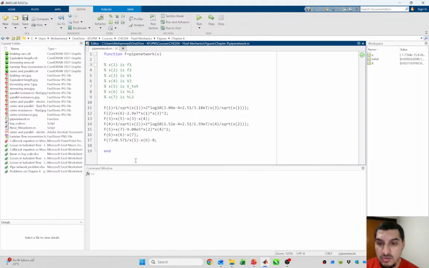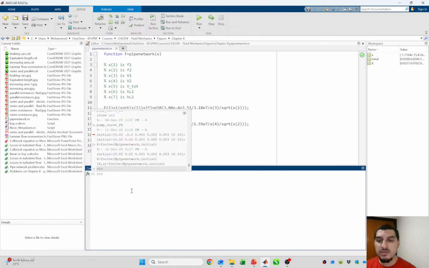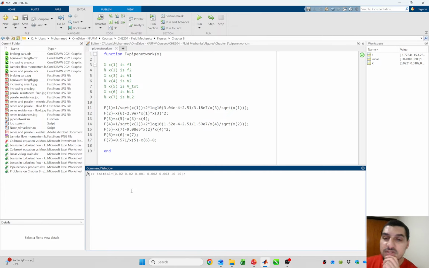So I put all the equations here, and now in the command window, these equations cannot be solved analytically. I cannot substitute one in another to solve them, so I have to solve them numerically. To do this, we start with initial values, and we ask the software to solve the equations using the given initial values. So here I wrote the initial values.